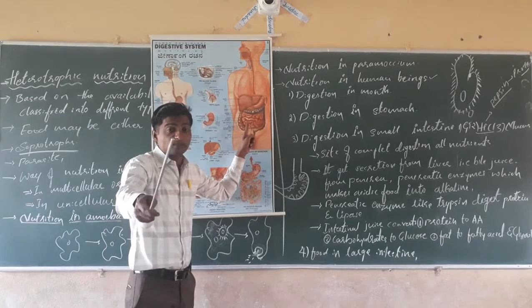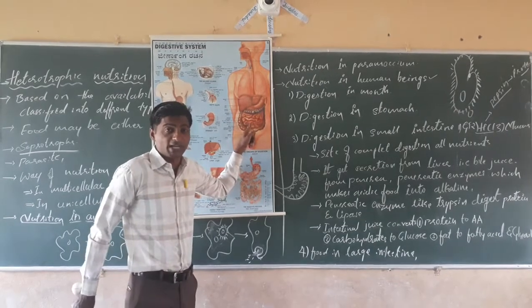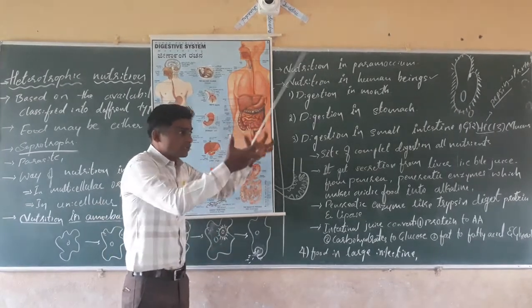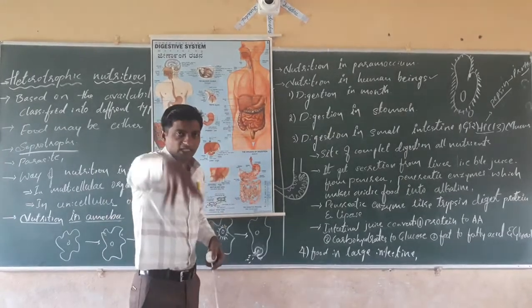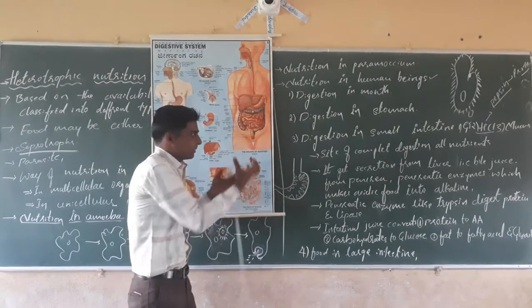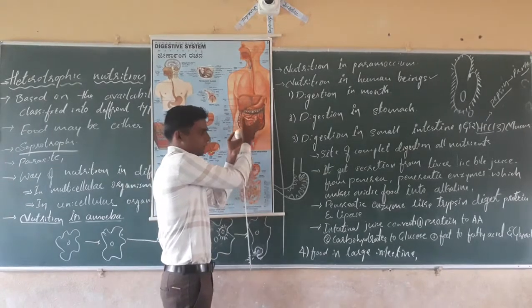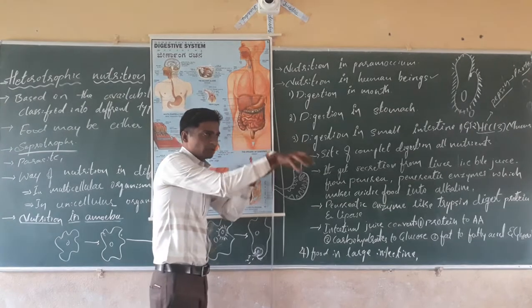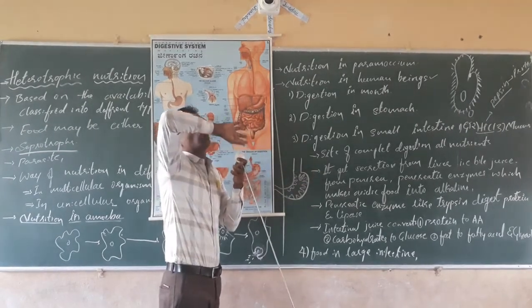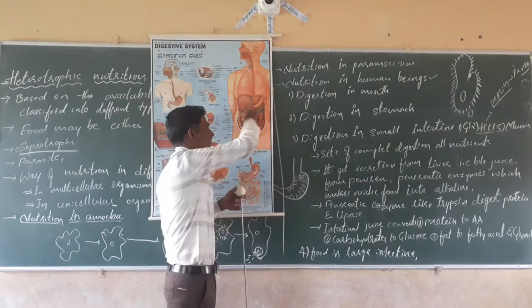The main function of the small intestine is to digest all the nutrients, and next, the absorption of all the nutrients and assimilation in the blood. The blood will circulate all these nutrients to all parts of the body.